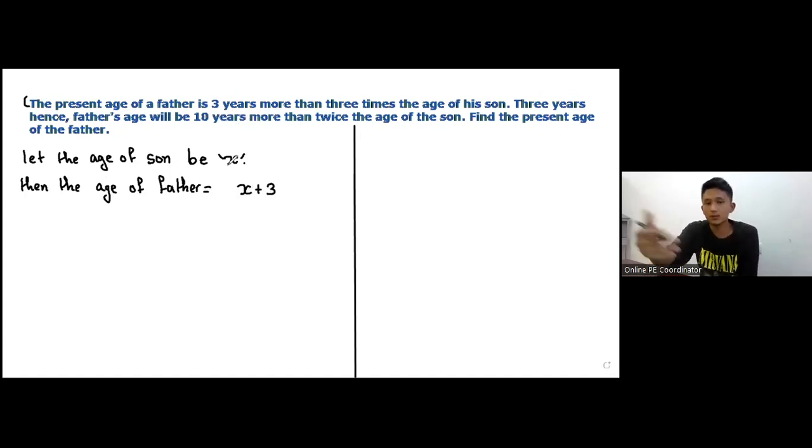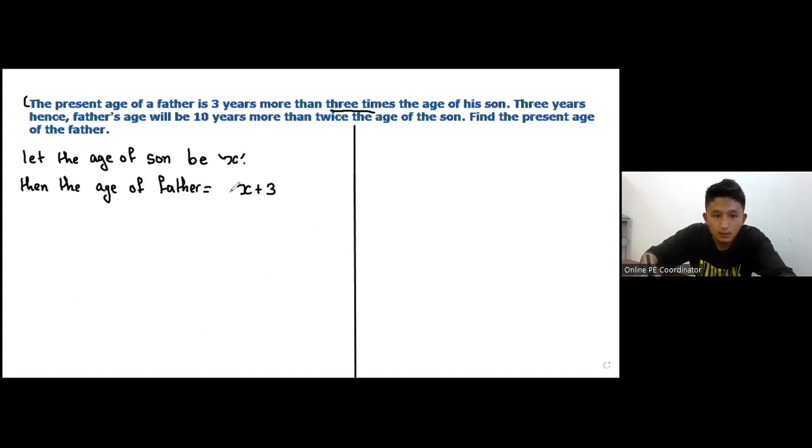So you have to add 3. There is still another part of the question: 3 years more than 3 times the age of his son. How are you going to do it now?